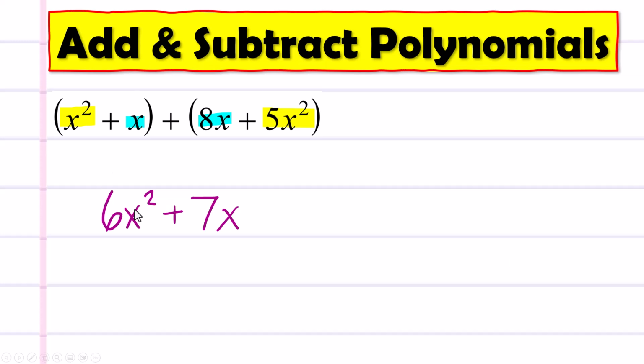So this 6x squared comes from x squared over here plus the 5x squared. So I got the 6x squared. And x plus 8x is 9x. So when you're just adding, you're basically combining like terms. That doesn't even really get that tricky. Where this whole thing gets a little tricky is when we end up subtracting or have negatives involved.